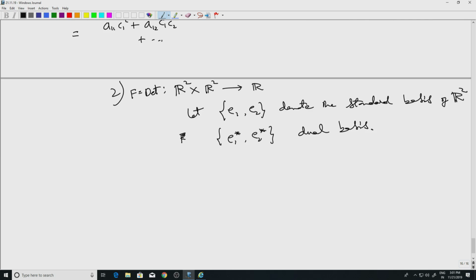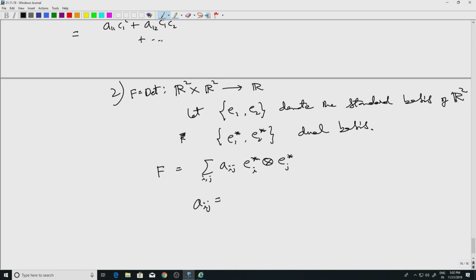So I know that F can be written as the summation over i, j of Aij, Ei star tensor Ej star. So one wants to find out what these coefficients Aij are in this case, for the case of the determinant. So we again go through the same process.